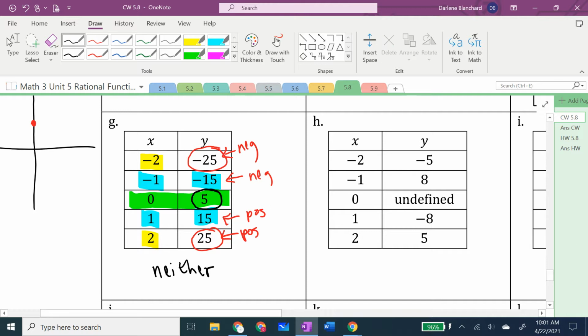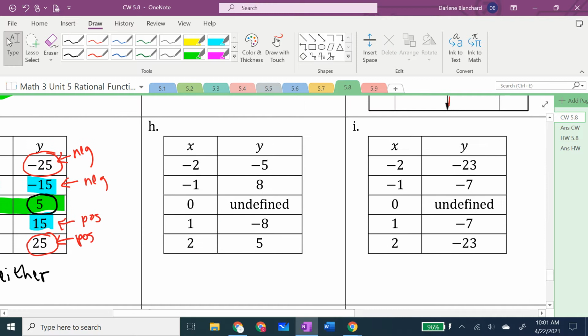Here's another table. I have opposite signed x values. Their y's are opposite signed. One's negative, one's positive.